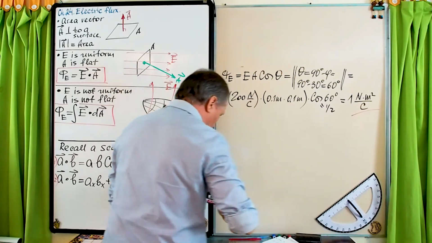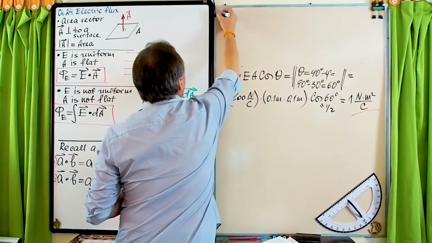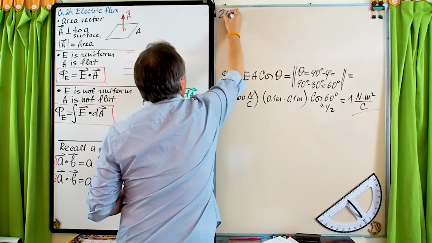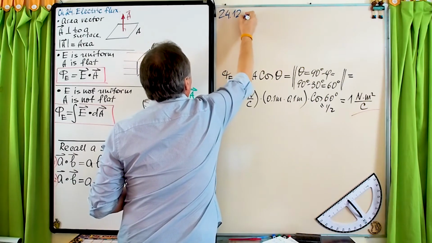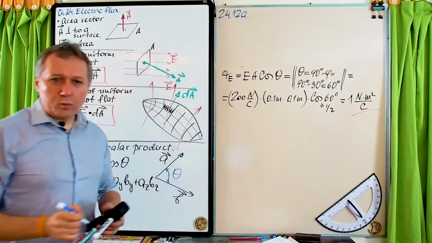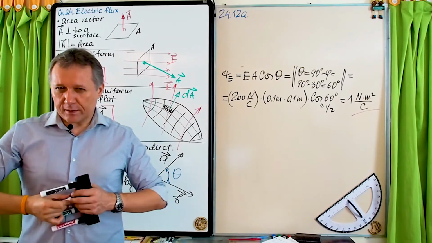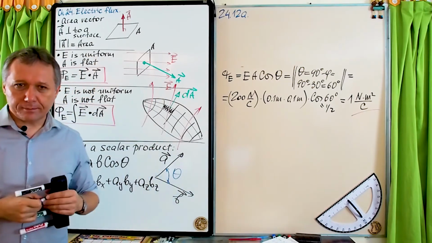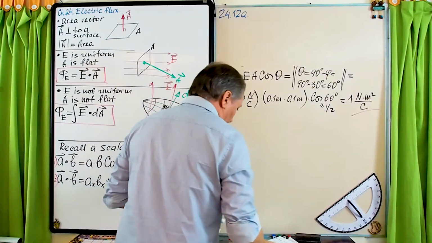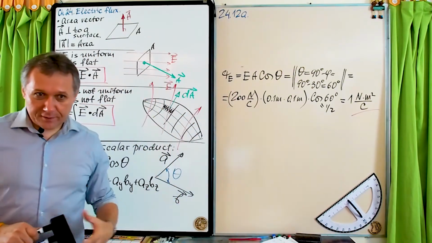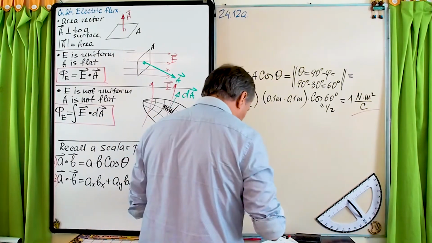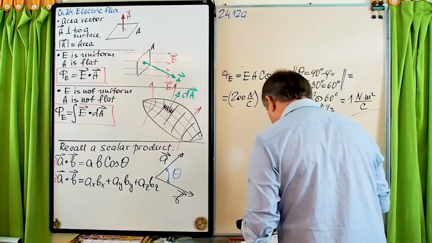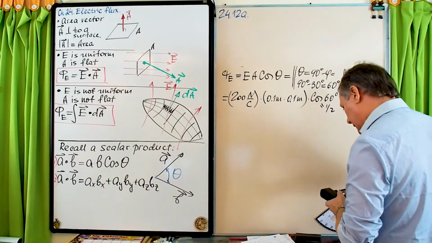So now it's 12a, the same chapter, 24, 12, and part A. In homework, you're going to have both, I think, part A and B. Again, flat surface and electric field. Let me start with the surface first.